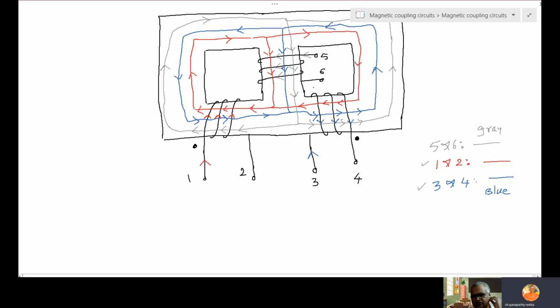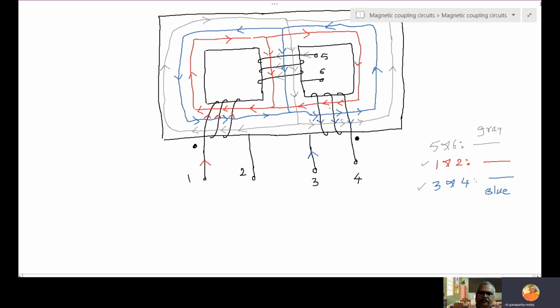Any combination you can select. But in this problem, I selected 1, 3, 5. So for 1, 2, 3, 4, these two coils, how they are coupling, we are answering by sending current at 1 and 3, and fluxes in these two coils are flowing in opposite direction. Therefore, I am placing dot at 1 and 4.